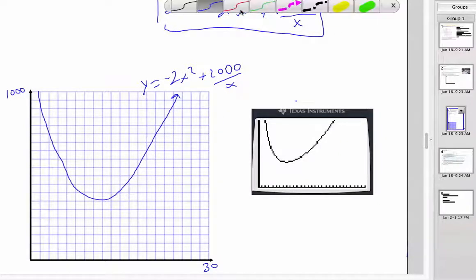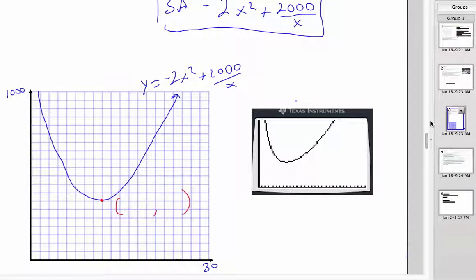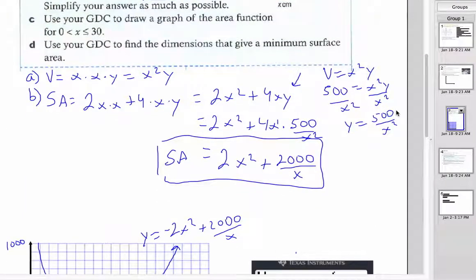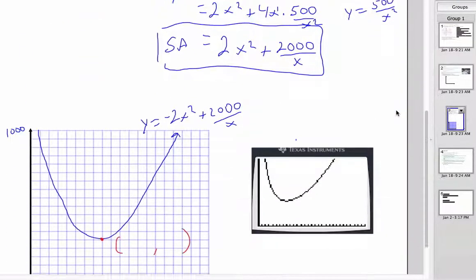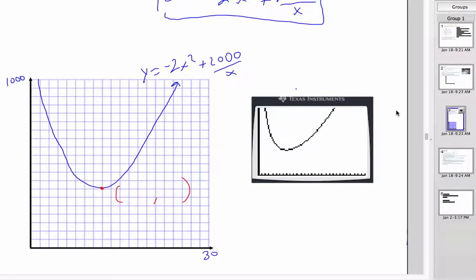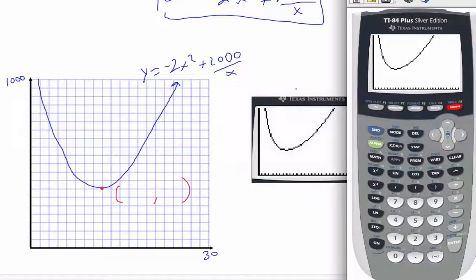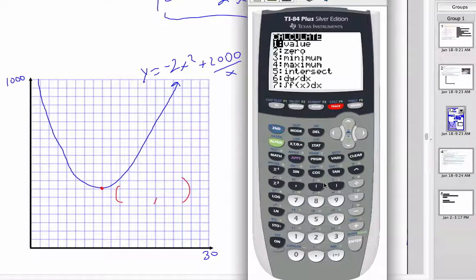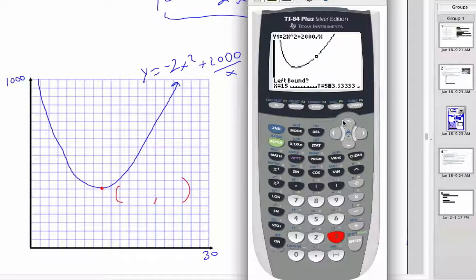Okay, the next question, I believe, asks you to find the minimum right there. Let's see. It says find the dimensions that give the minimum surface area. So we're going to do that with our GDC. We're going to go to second function, trace, and go to minimum, which is number 3.